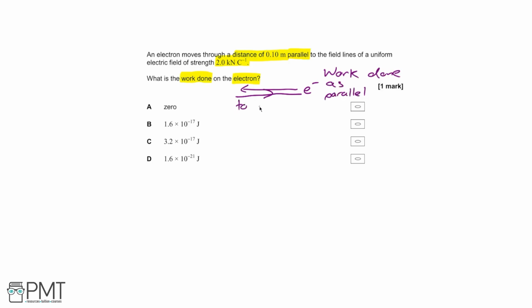So, then we need to use the equation for work done on a charge moving for a distance d parallel to the field lines. Specifically, this equation is given by W is equal to Q times V, where Q is the charge. Since we're dealing with an electron, this is e.